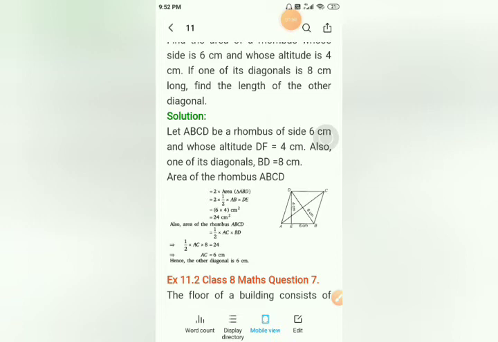So we will join point B and point D, and we will divide that rhombus into triangles ABD and DBC, which are both equal. So if we calculate the area of one triangle and double it, it will become the area of the rhombus. Another formula for finding the rhombus area is to multiply the diagonals and multiply the result by half.